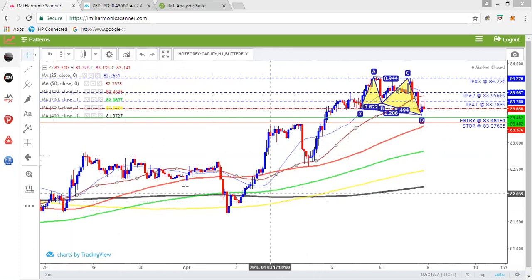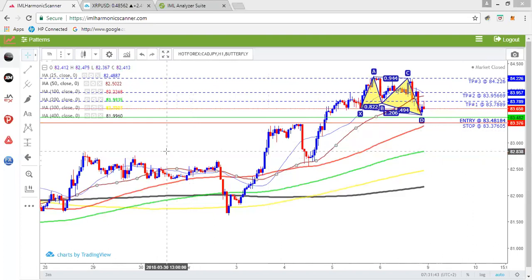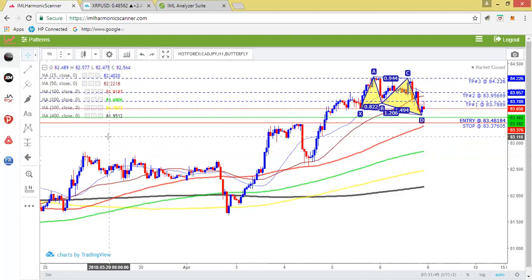The previous strategy I shared, we made use of some indicators like Williams percent range, stochastic, RSI, moving averages. But this time, we're not going to use those indicators. We are only going to deal with the moving averages.